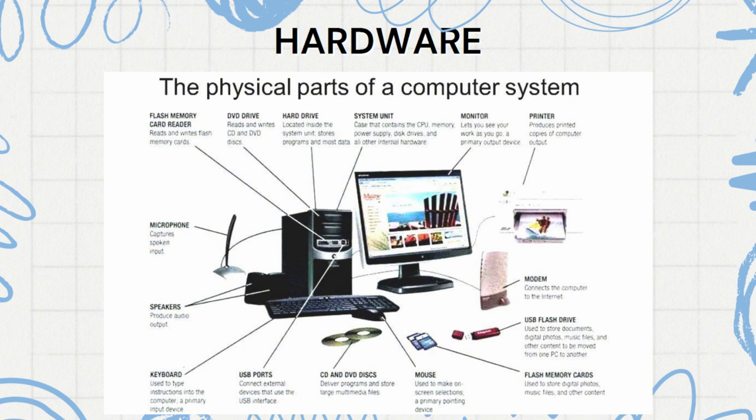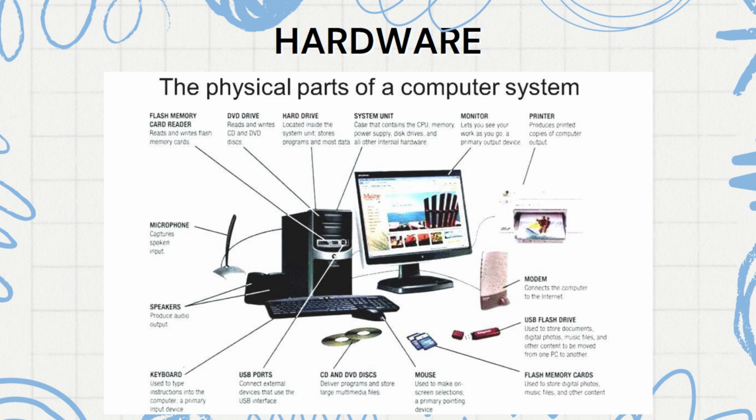Next is CD and DVD, which deliver programs or multimedia files that contain large files. Next is the USB port, which connects external devices such as a USB flash drive.